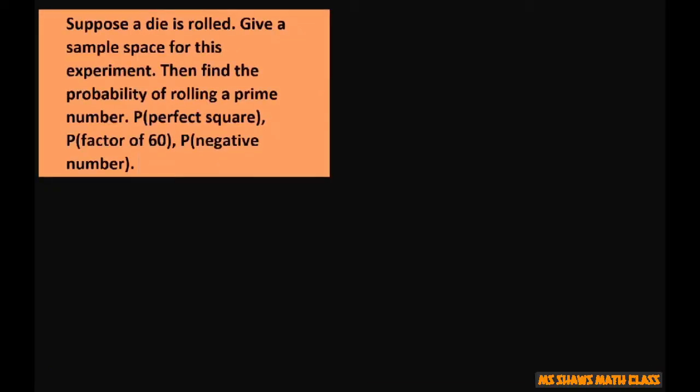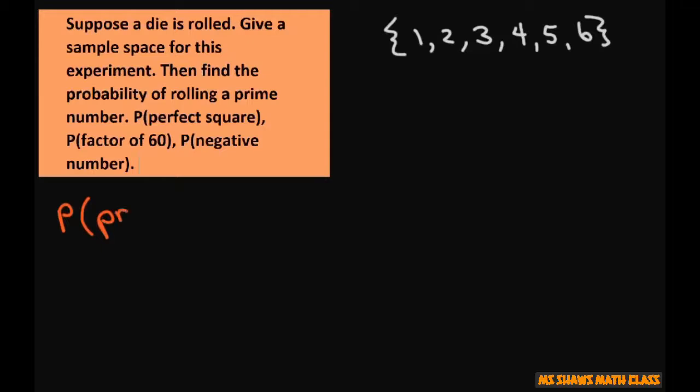The sample space when you roll a die is just 1, 2, 3, 4, 5, 6. So we have a total of 6. So the probability of rolling a prime, and I'll just put little p, so they're not the same, I'll put prime, is the total prime divided by your total set.